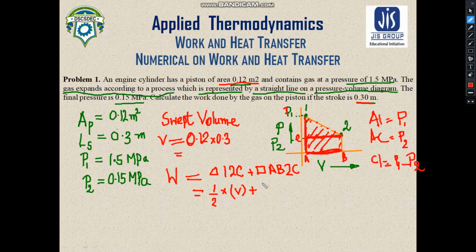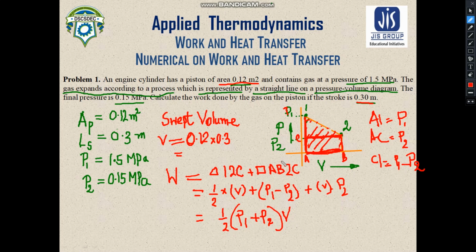That is quite simple to understand. So half into P1 minus P2 into V, and for the rectangular part, it will be V into P2. This is your breadth, which is equal to P2, and this is your length, which is equal to V. So ultimately the result becomes half into P1 plus P2 into V.